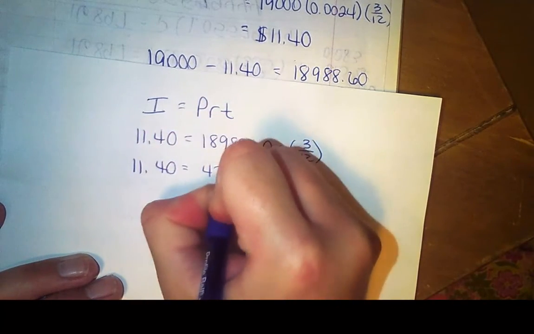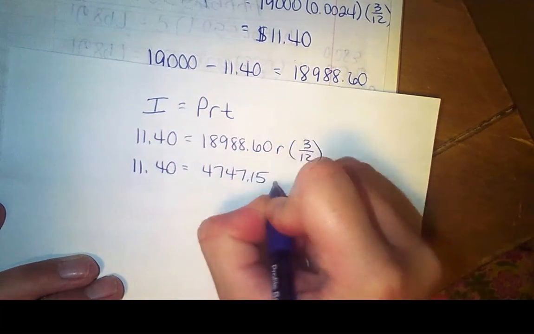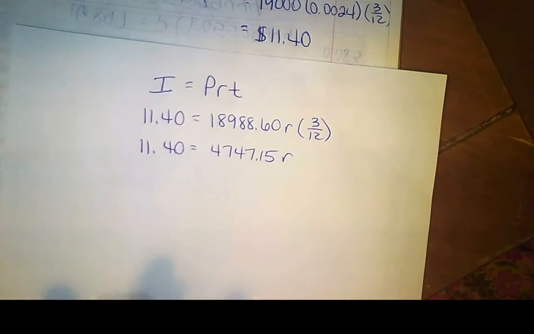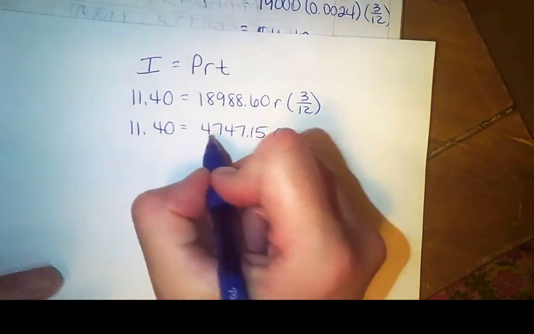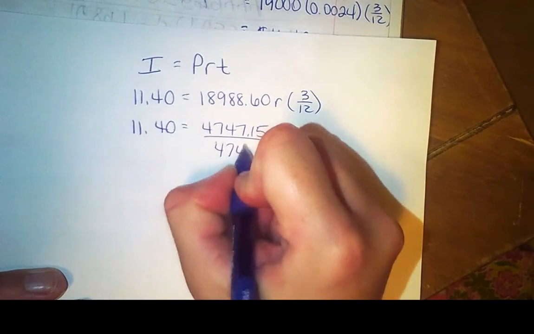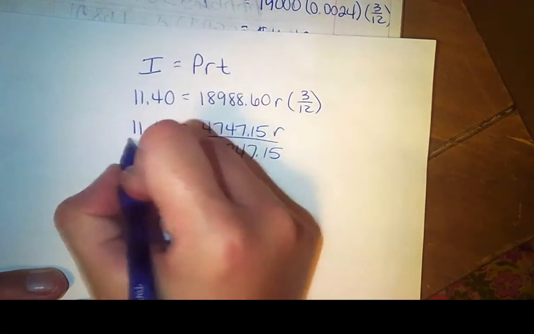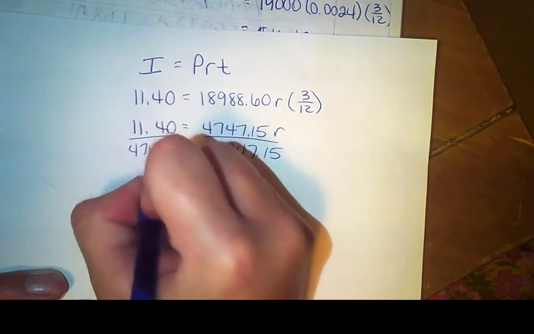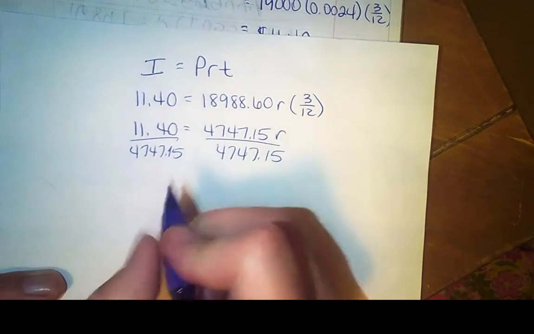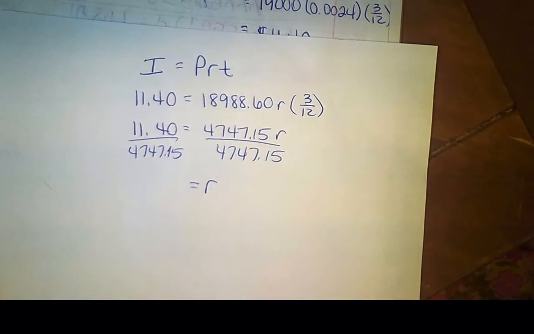So 11.40 equals 47.4715 times R. Now divide both sides by 47.4715. And 1140 divided by that gives me 0.024.